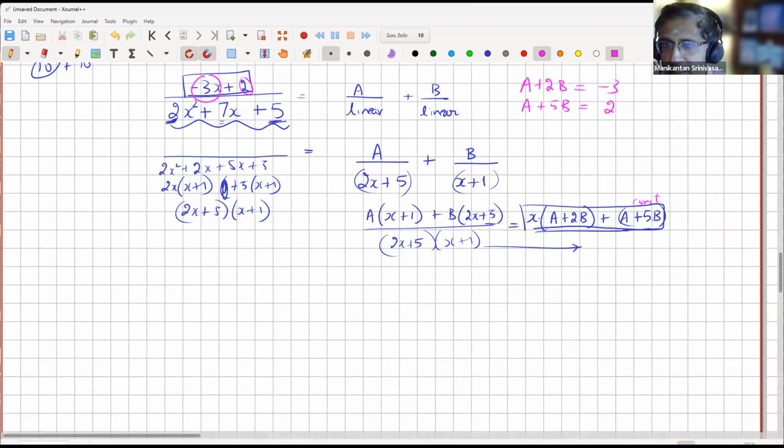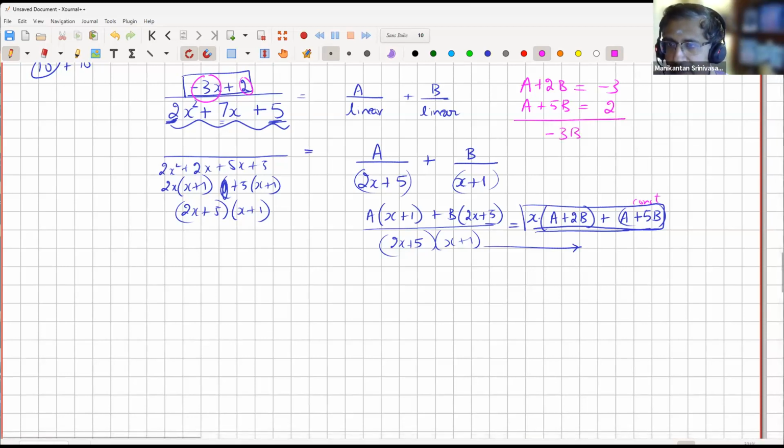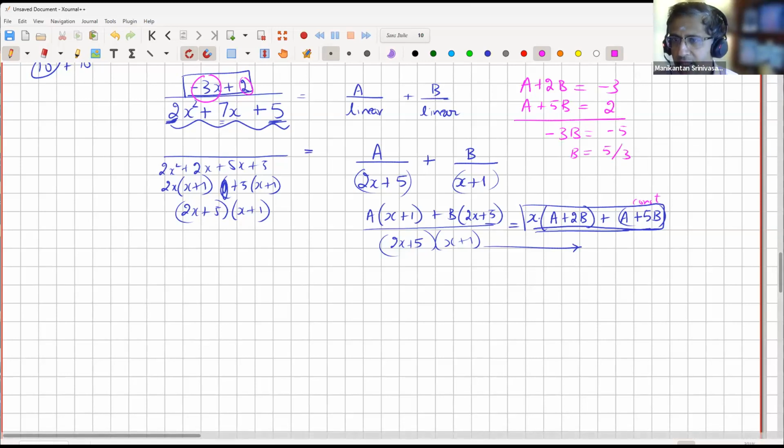Now we can simultaneously solve this very easily. Let's say I subtract, I have minus 3b equal to minus 5. In case I do some silly mistake, please catch me, guys. I'm just doing it very casually. So b is 5 by 3. Then we can put back that b in the first one and solve for a.